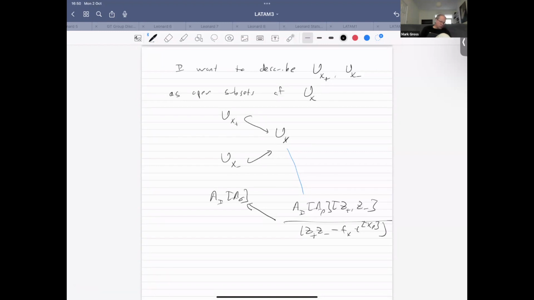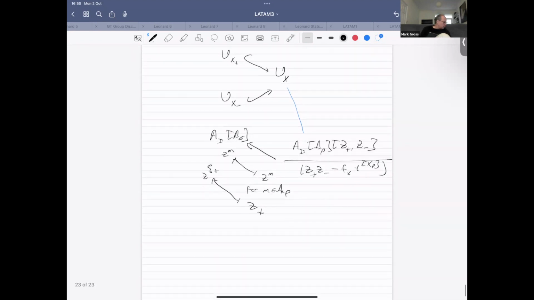And this map is given by, well, z to the m maps to z to the m for m in lambda rho, and z plus maps to z to the c plus, that was my chosen tangent vector.